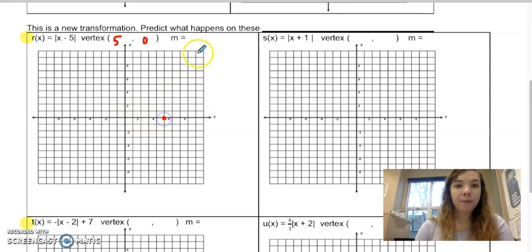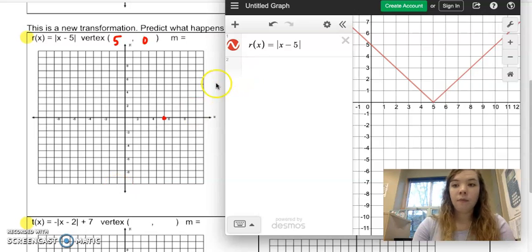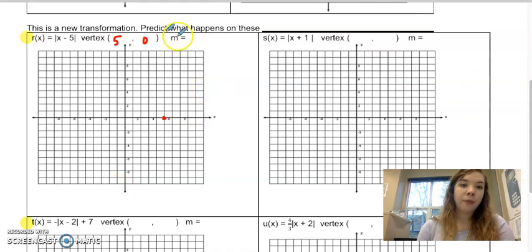Right here. And that my slope is 1, up 1, right 1, up 1, right 1. So when it's on the inside of your absolute value, that's how many you move over, right or left, but it's the opposite. I didn't go over to -5, I went over to +5. So it is the opposite sign when it's on the inside here.